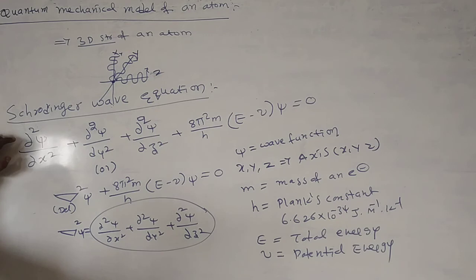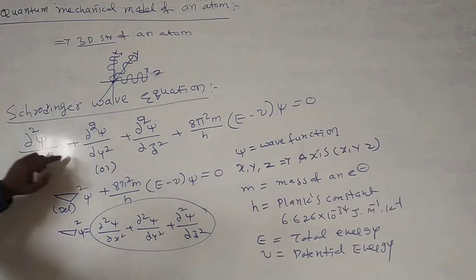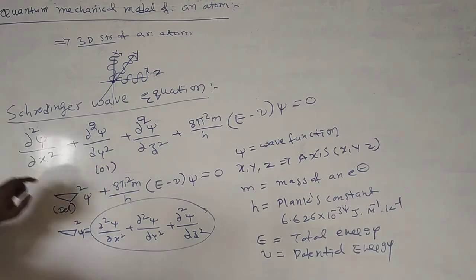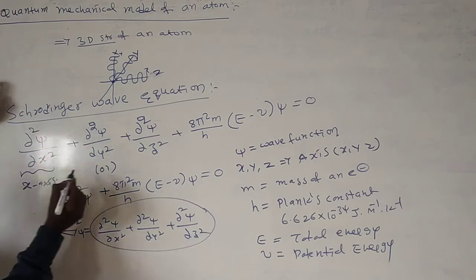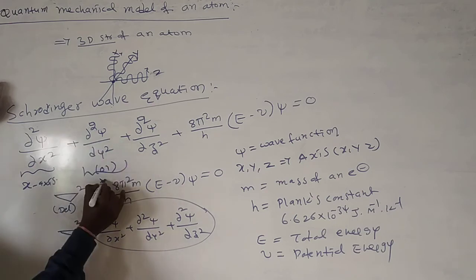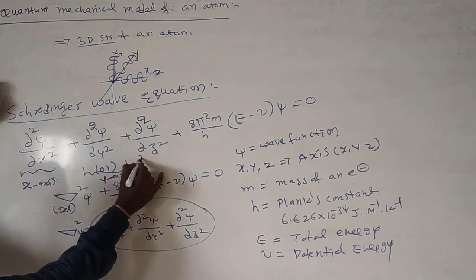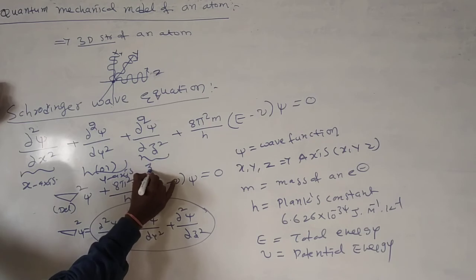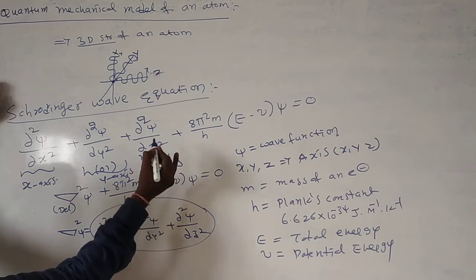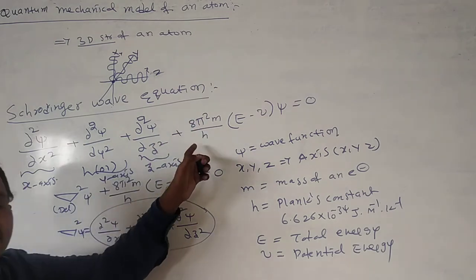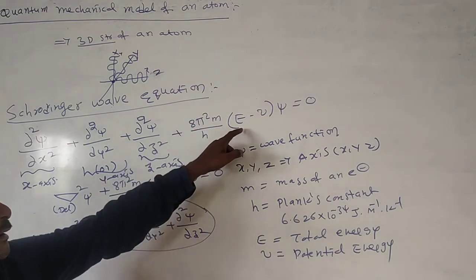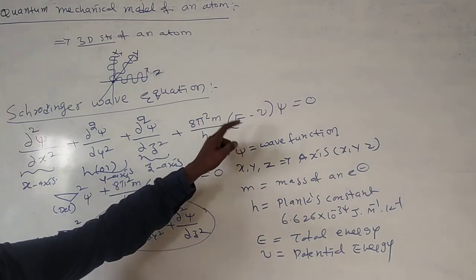The Schrödinger wave equation: dou square psi by dou x square plus dou square psi by dou y square plus dou square psi by dou z square. This term is the electron moving along the x-axis, this along the y-axis, and this along the z-axis. Then 8 pi square m by h square. Here E is the total energy.